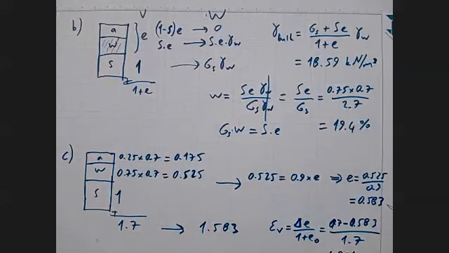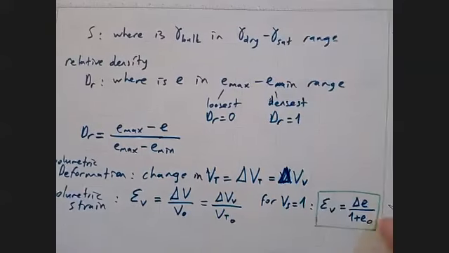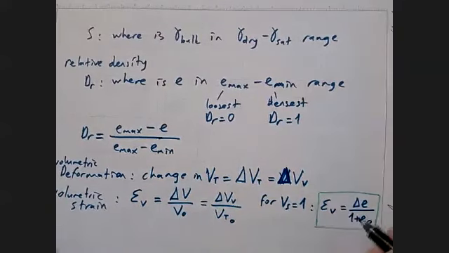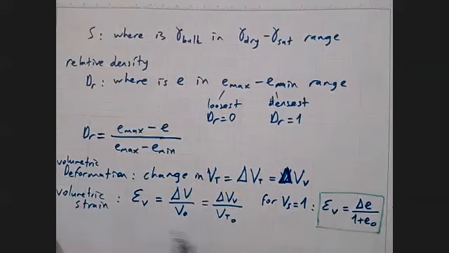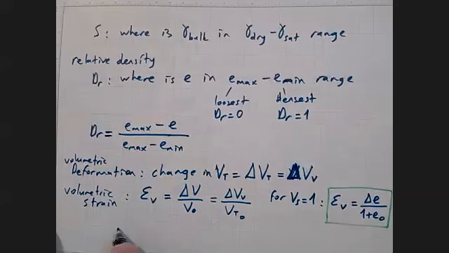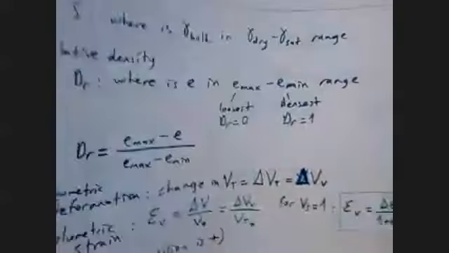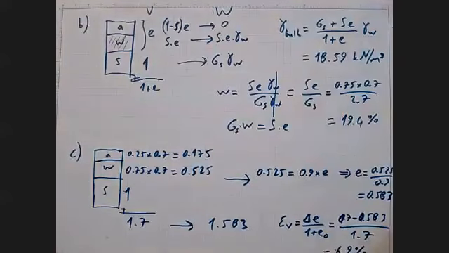But as a general convention, most of the deformations we have in soil mechanics are in compression, so this is generally defined as compression is plus. So all of these would have a minus sign in front of them.